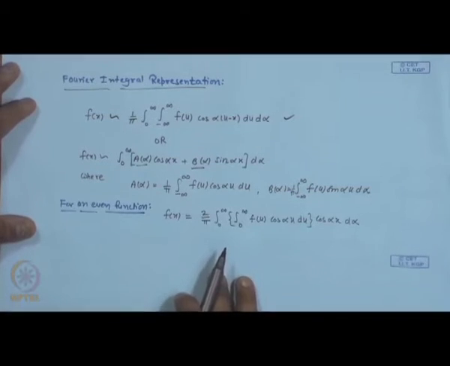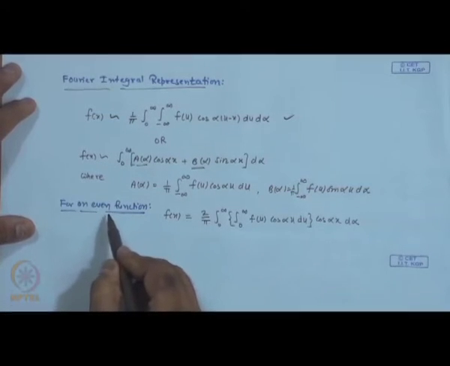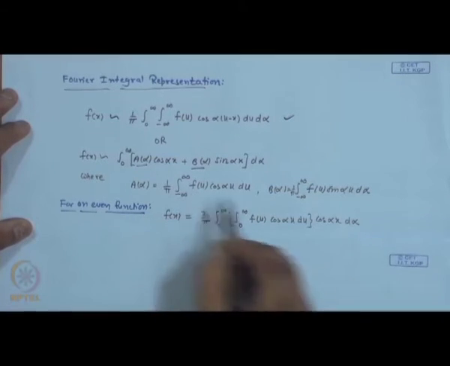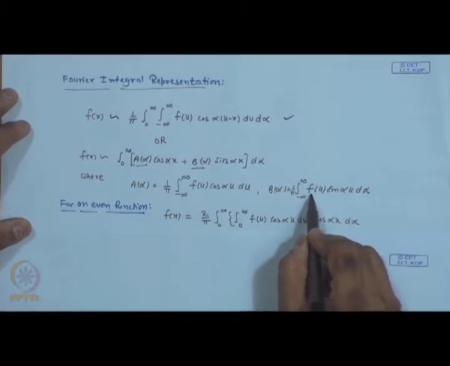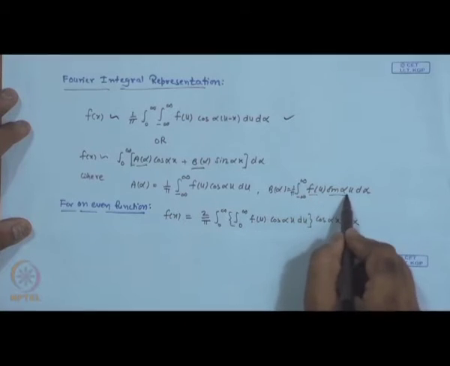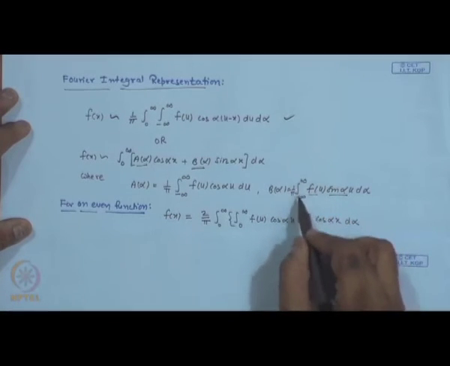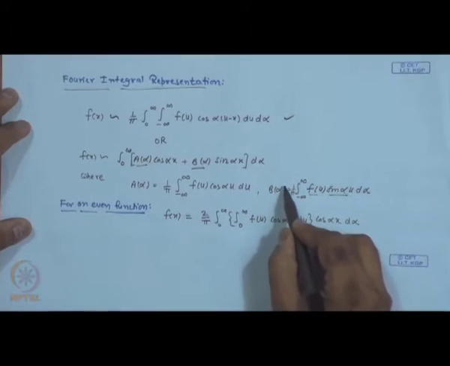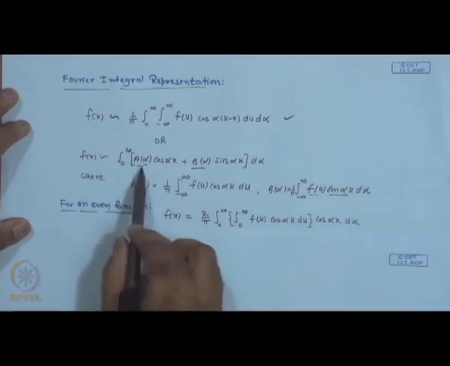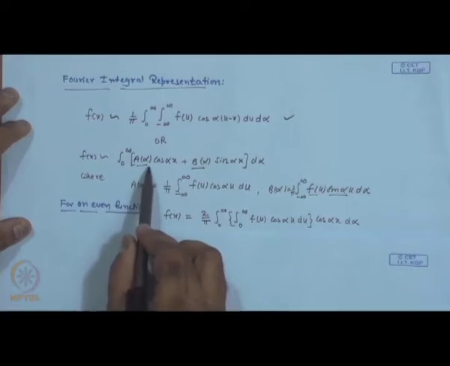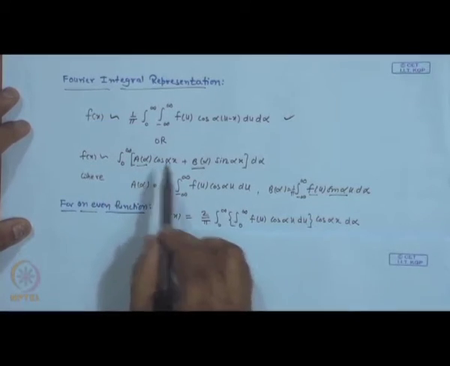Then we have seen that for an even function, we have even times odd, so the integral over this symmetric interval will go to 0. So b(alpha) will be 0, and we have the simple Fourier cosine integral representation.